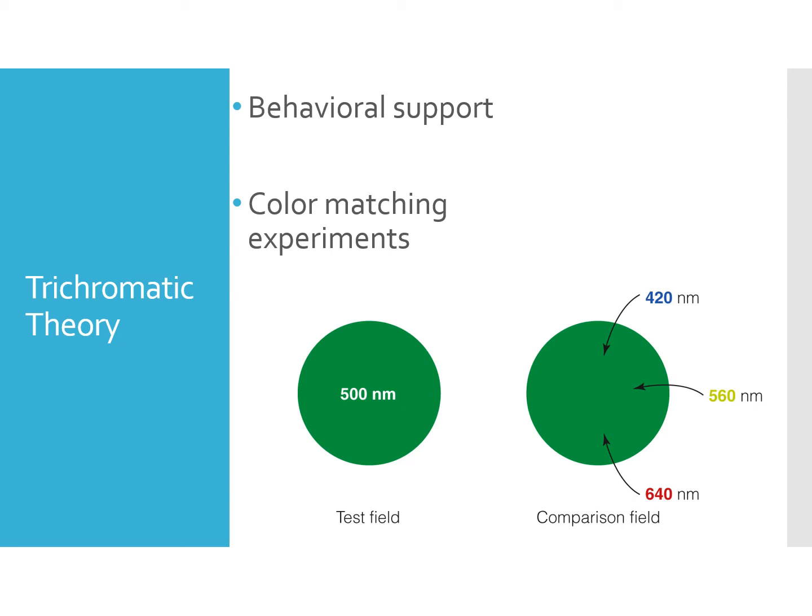They needed 3 to match any. They never needed 4 to match some color in the test field. They couldn't match all of the possible single wavelength lights in the test field with just 2. They needed 3, which told them, Young and Helmholtz, that we had 3 color mechanisms. Or this was the assumption from the behavioral evidence.